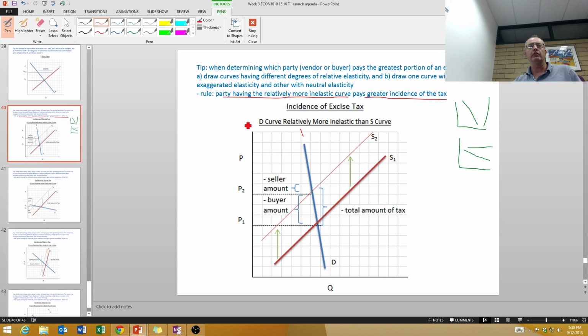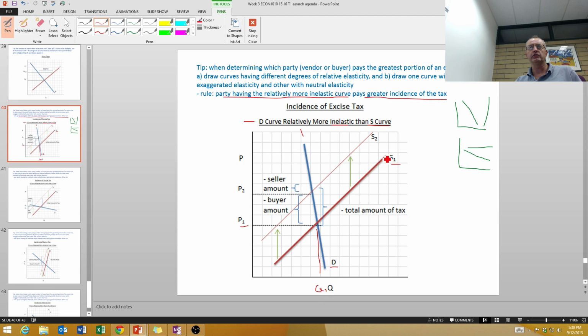Let's say the demand curve is relatively more inelastic than the supply curve. In my little diagram, the demand curve is quite steep, and supply curve number one is neutral. I try to draw it at a 45-degree angle. So here's our tobacco case. We have our original equilibrium price down here, and here's our original equilibrium quantity.